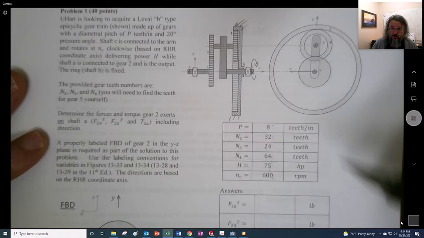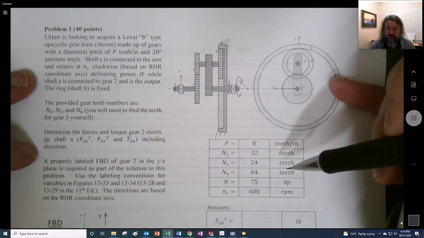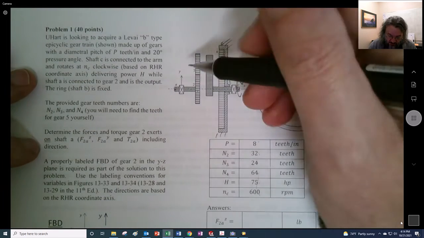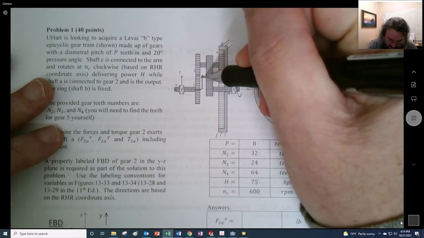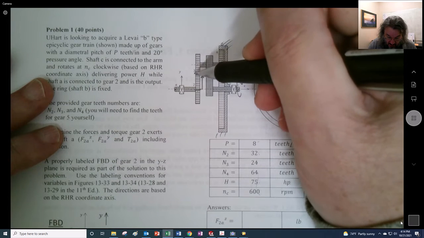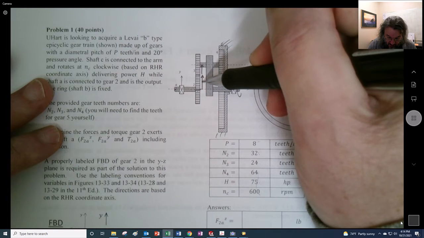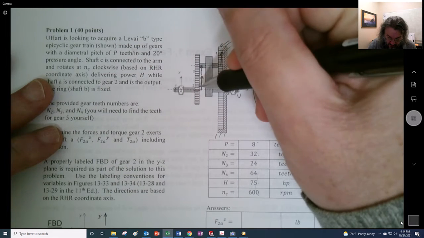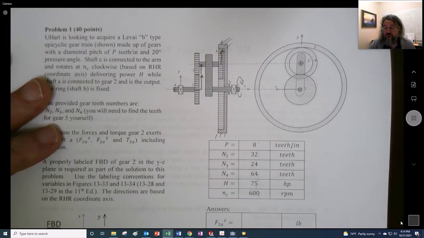Okay, so the first thing we ought to do is try to figure out how many teeth are on gear 5, just based on the geometry right here. Well, we could do that from the radii. We have this distance from the center of 2, and then we come up this distance from the center of 3. So the radius of 2, plus the radius of 3, plus the radius of 4, is going to give us the radius of gear 5.